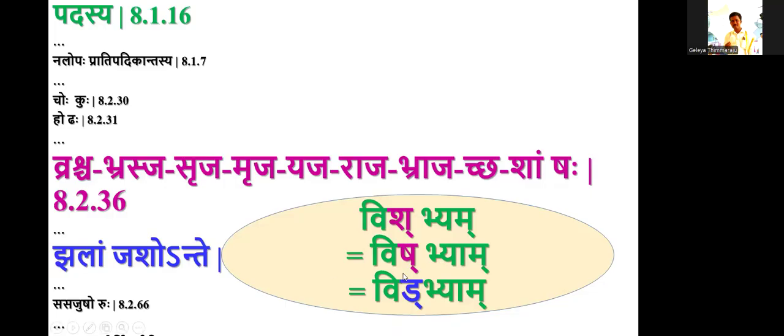Out of the 5 just letter ga ja da da ba, the organ of pronunciation of shakara is murdanya and that of dakara is murdanya, so this dakara comes in place of shakara. So we have vidbhyam.